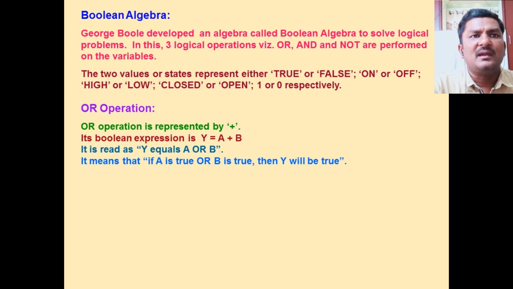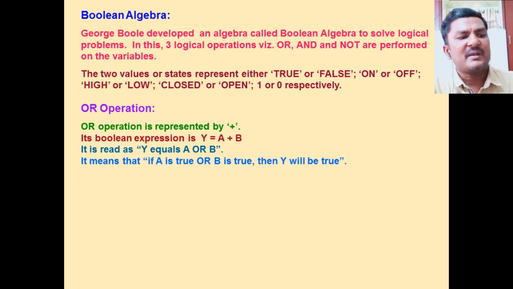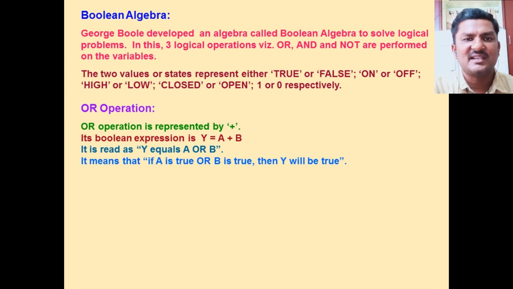The OR operation is represented by the symbol plus. The Boolean expression is read as Y equals A OR B. Don't read it as Y equals A plus B. In digital electronics, you have to follow it like this: Y equals A OR B. It means that if A is true or B is true, Y will be true.